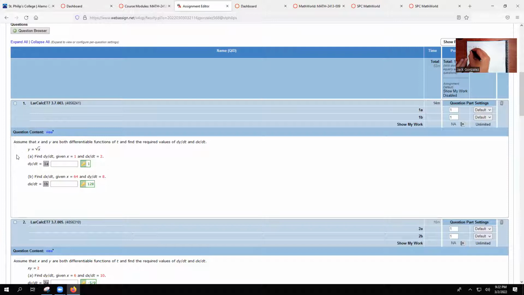Okay. So given y equal to square root x, find dy/dt given x equal to 1, dx/dt equal to 2.